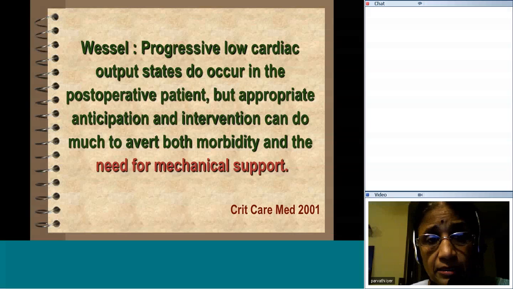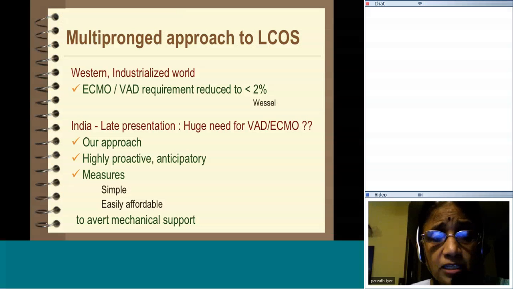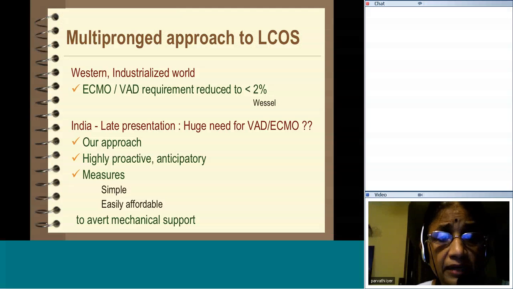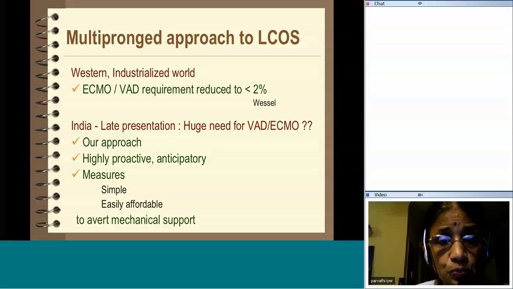So the key words are an anticipatory, highly preemptive approach and appropriate and timely intervention. And with this modality, in some of the Western units, they actually reduced the mechanical support requirement to less than 2%. So our approach was based on a lot of published data, which was highly proactive, anticipatory, but harnessing really simple and easily affordable modalities with a view to trying and averting mechanical support.